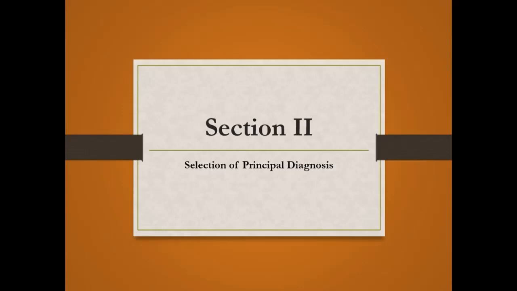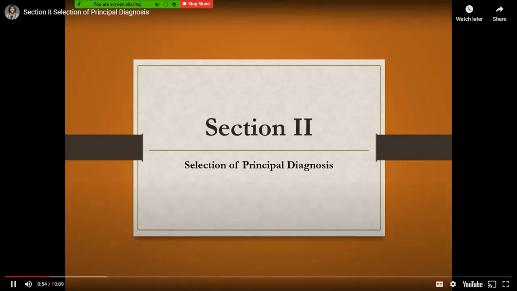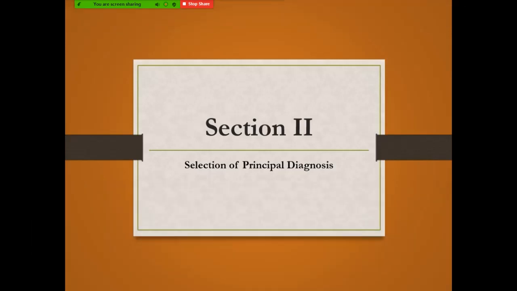In determining the principal diagnoses, your coding conventions, which are actually in Section 1 of your guidelines, and the tabular list and the alphabetical index actually take precedence over these guidelines. There are several circumstances that you'll want to consider in selecting your principal diagnoses. So let's take a look at them.